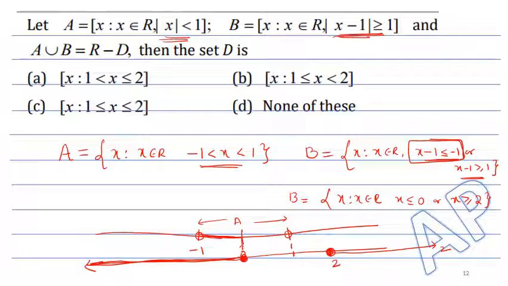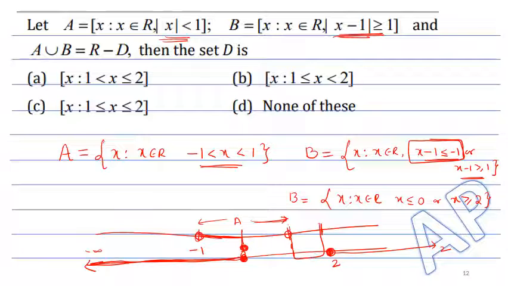Here -1 is in set B whereas it is not in set A, but -1 is included. So this point, less than 0 up to -∞, all the elements coming to the left-hand side of 0 are in A union B. Then here, 0 to 1 is included in set A, but 1 to 2 is not present in A or B.